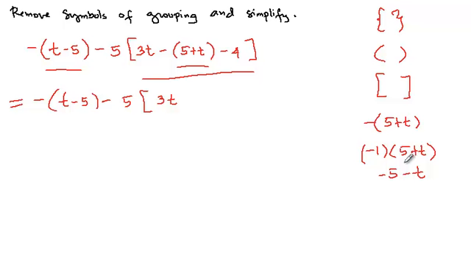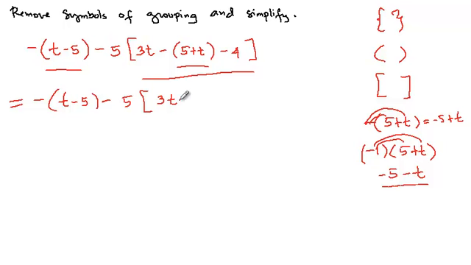The most crucial thing here is that most of the mistakes happen when they write negative 5 plus t. That is the most common mistake: the negative is only applied to the 5, but does not carry over to the t. But take note, it is enclosed in brackets, so you should distribute the negative, multiply it: negative 1 times 5 and negative 1 times t. So you'll have negative 5 minus t.